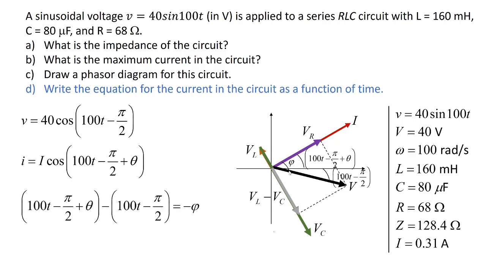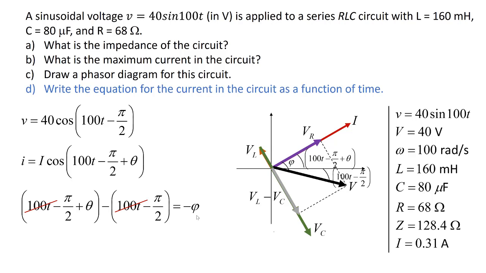So we can write the angle for the current, 100t minus pi over 2 plus theta, plus the angle for the voltage, but because this angle is measured clockwise, below the horizontal axis, we have to add a minus sign, equals the phi angle, but again, we have to add a minus in front of this because the angle is measured from the current to the voltage. And because we have to go clockwise, that angle has to be negative.